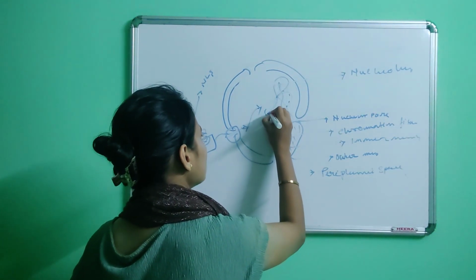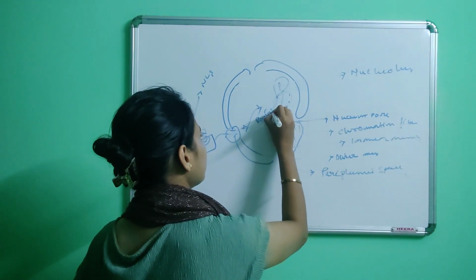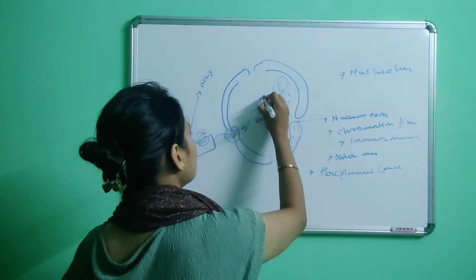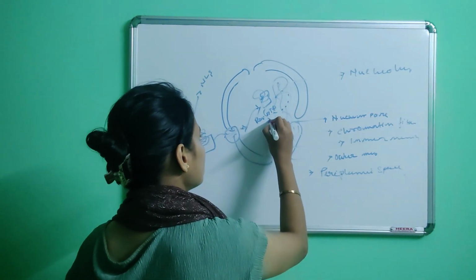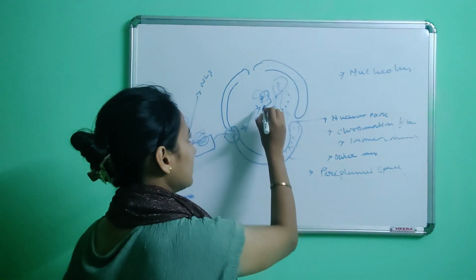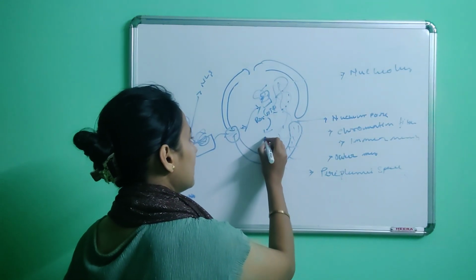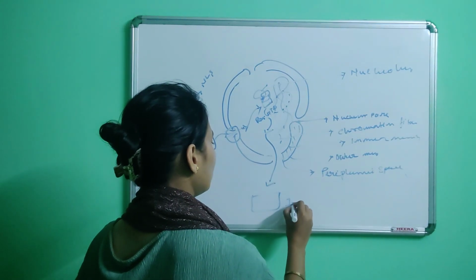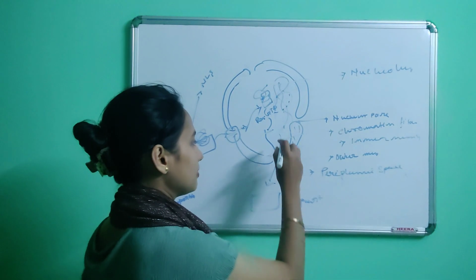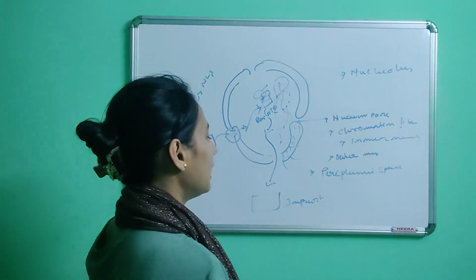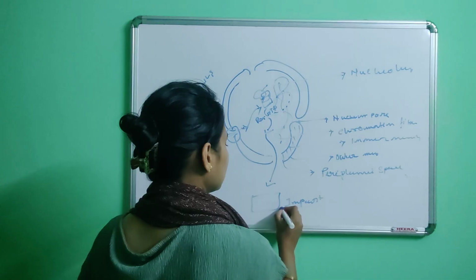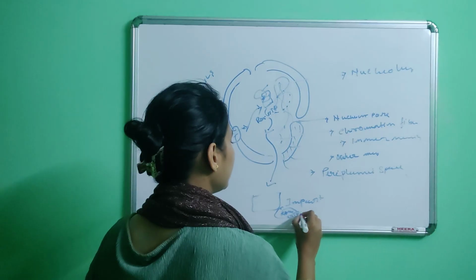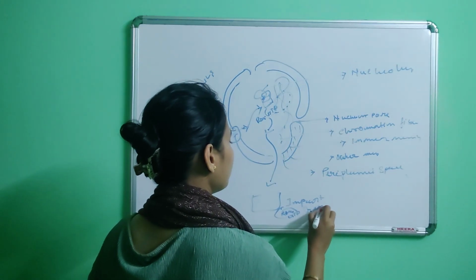After that, RAN GTP, which is present in the nucleus, binds to this importin and cargo complex. RAN GTP detaches the cargo molecule from the importin, and with the help of RAN GTP, the importin is also exported from the nucleus to the cytoplasm. After that, RAN GTP binds with the GAP complex.